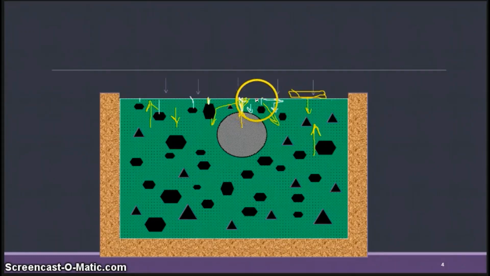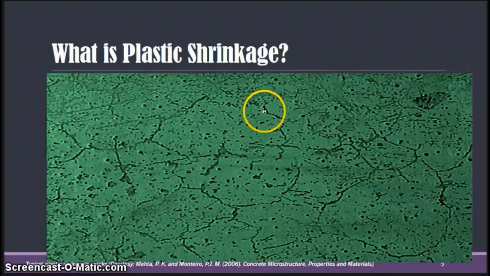This concrete is going to go down, this one also goes down. So this is the mechanism of crack formation, that is shrinkage crack formation on the concrete. Hence we get cracks like these.